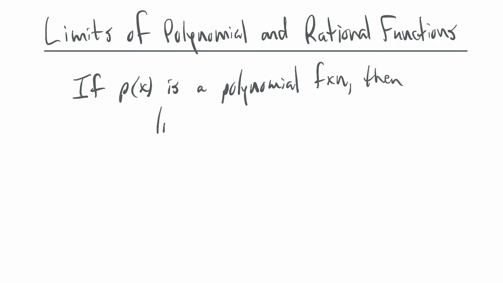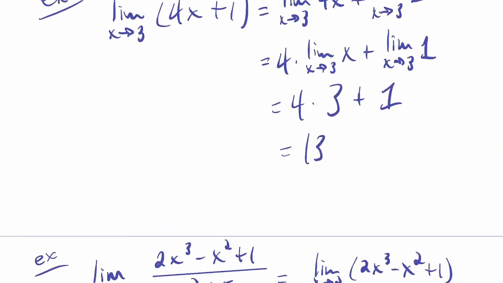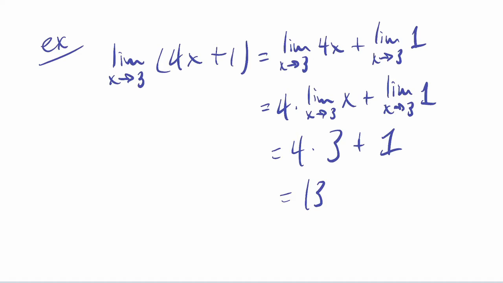So if I say the limit as x goes to a of p of x, that will just equal p of a, right? If we back up to the example we did before, if I just plug 3 in, that's effectively what I got. I was applying the sum rule, the constant multiple rule, the identity rule, and the constant rule, and that's what I achieved.